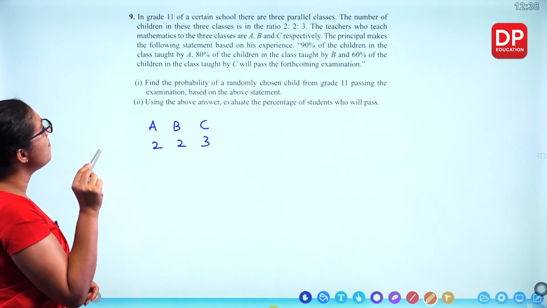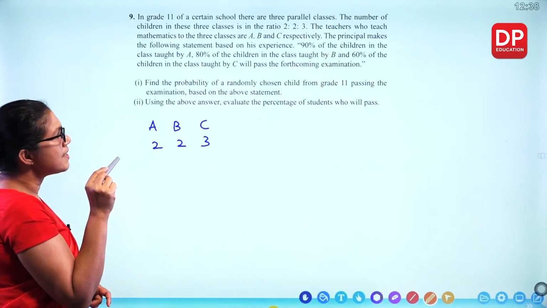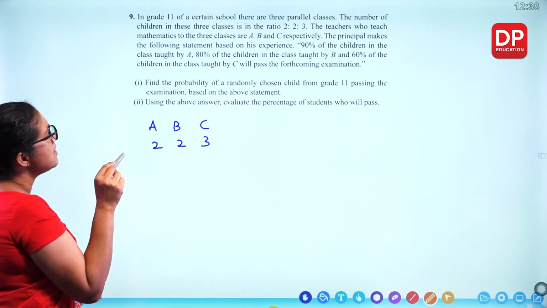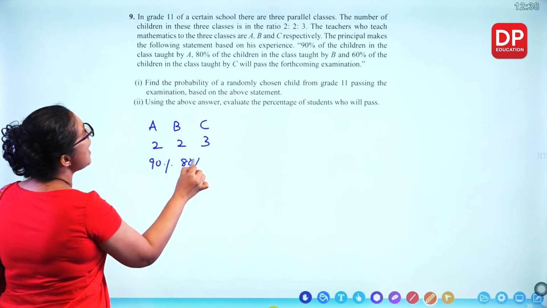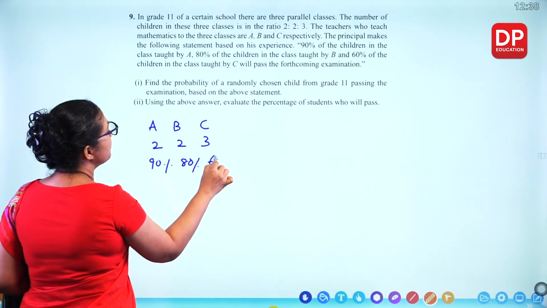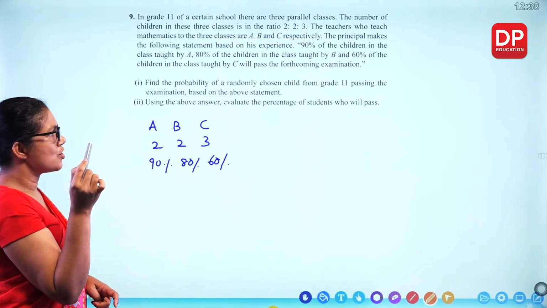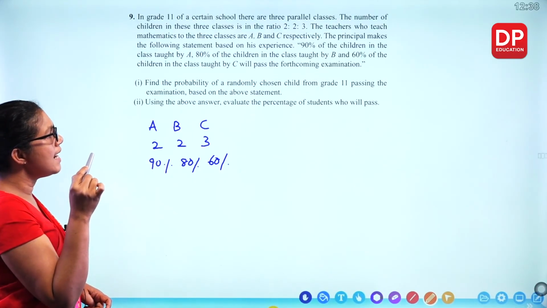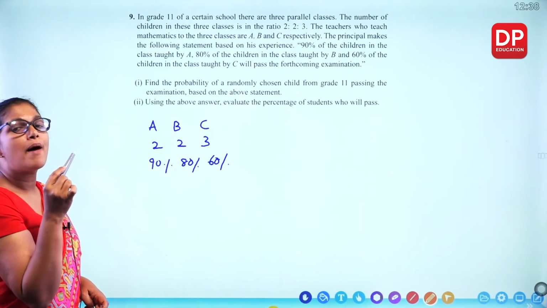The principal makes the following statement based on his experience. 90% of the children in the class taught by A and 80% from B and 60% from class C will pass the forthcoming examination. Find the probability of a randomly chosen child from grade 11 passing the examination based on the above statement.